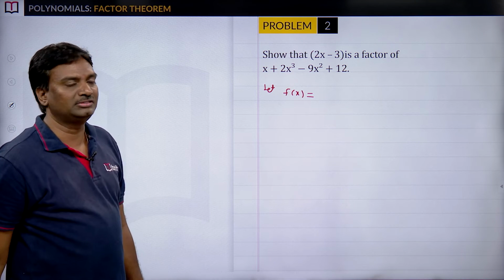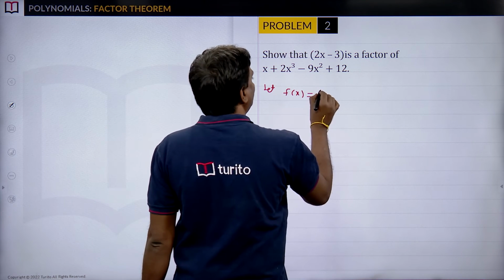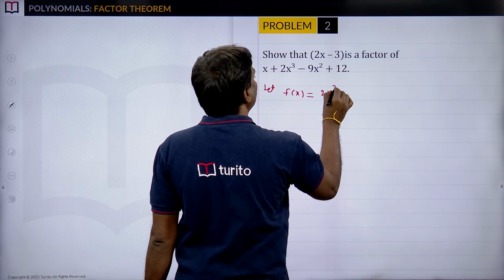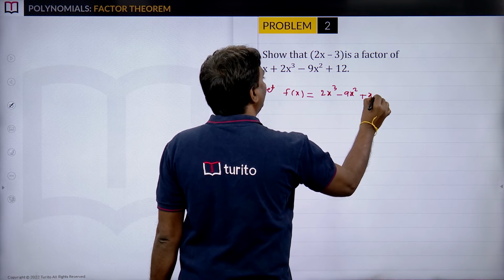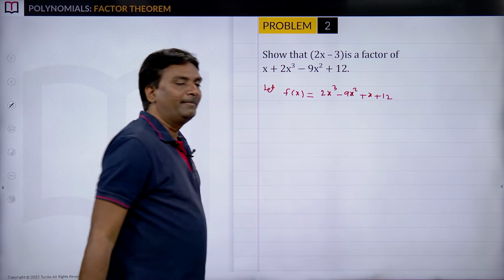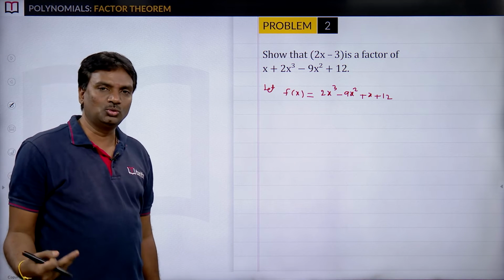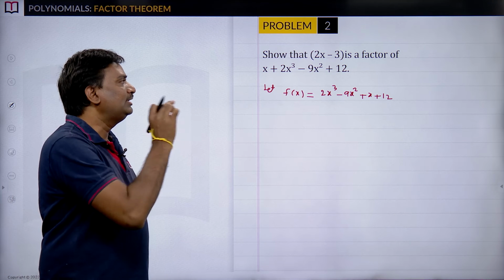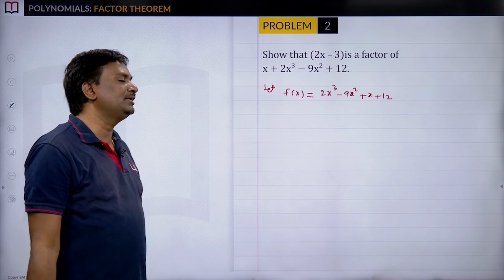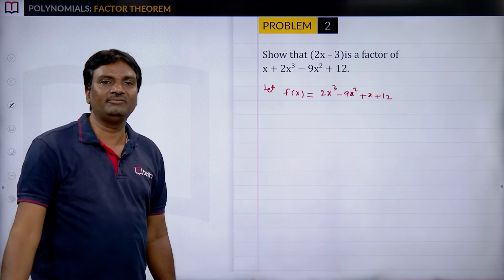You may take f of x or p of x. So f of x equal to, by writing in order, 2x cube minus 9x square plus x plus 12. But it is not necessary to express the given polynomial as a standard polynomial. By keeping x plus 2x cube minus 9x square plus 12 as it is also, you will get the same answer.